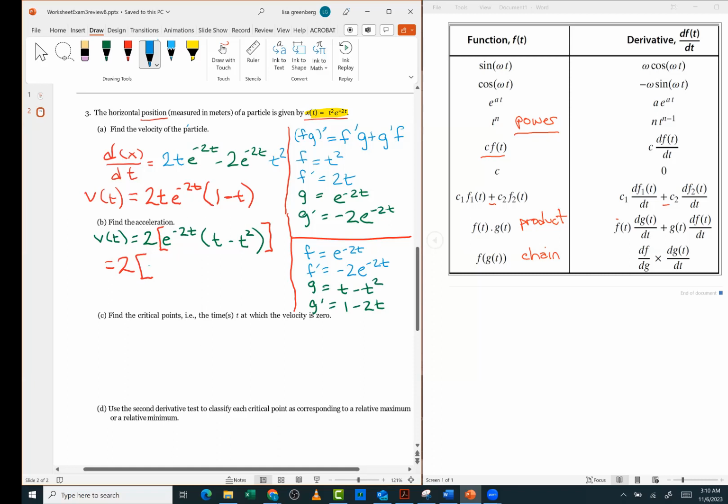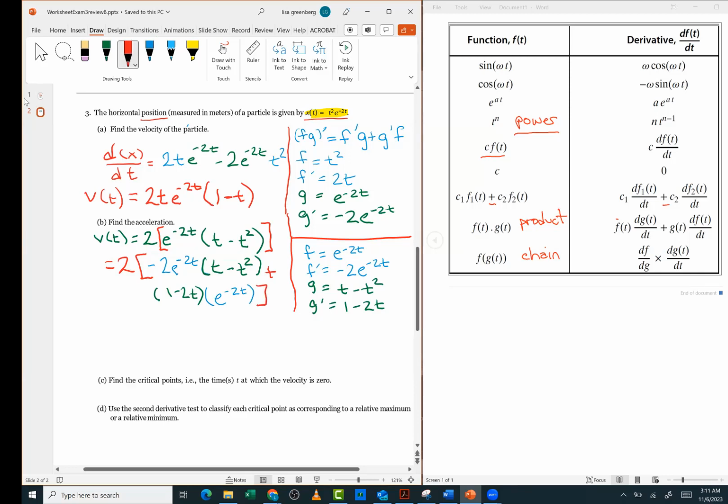F prime is minus 2e to the minus 2t times g, which is t minus t squared, plus g prime, 1 minus 2t, times f, e to the minus 2t, end parentheses. This equals, let's see what I can factor here.